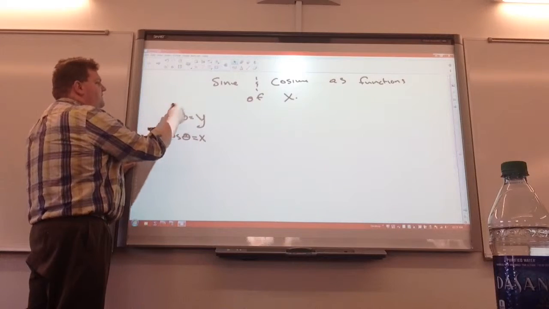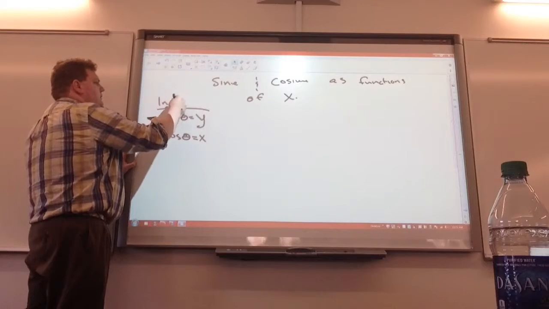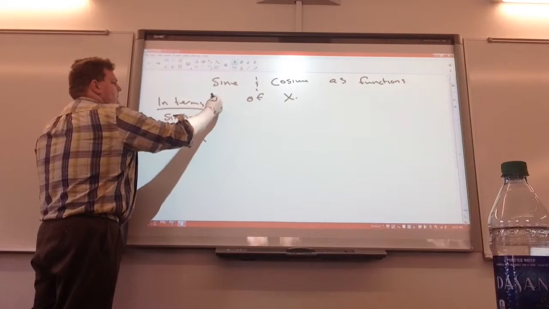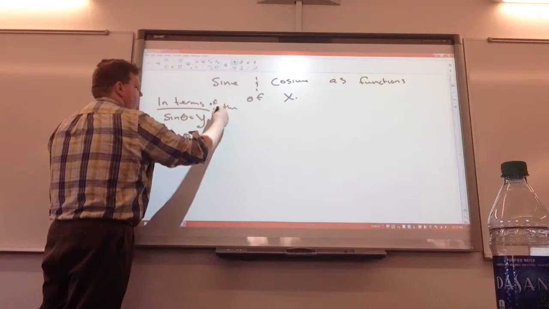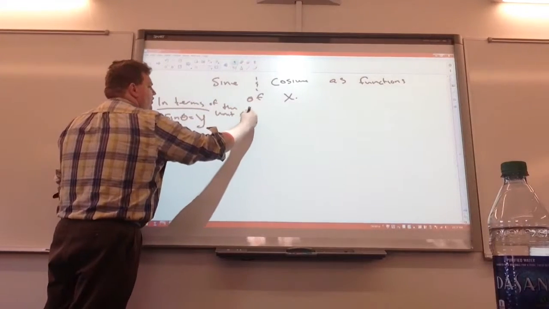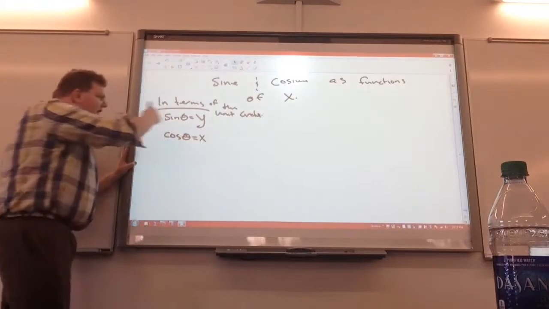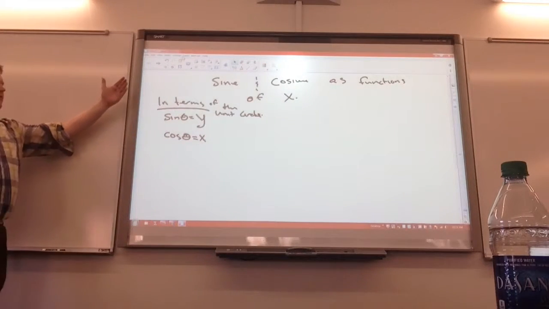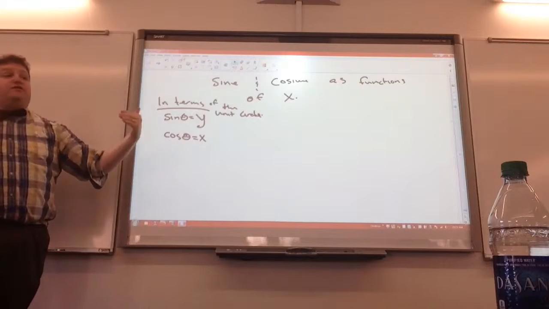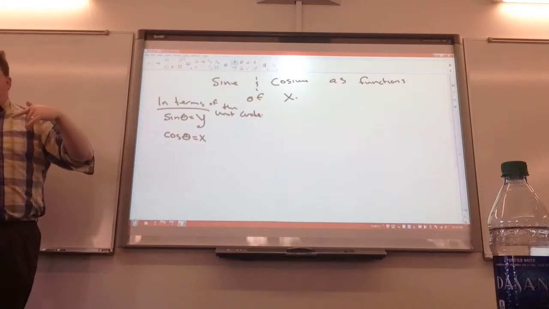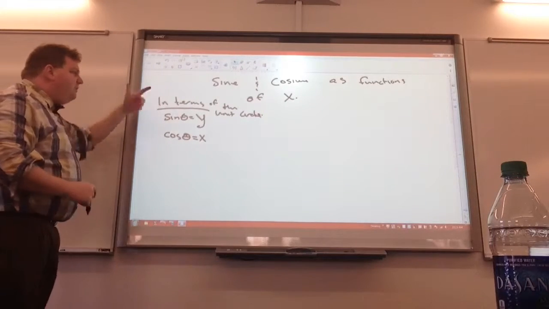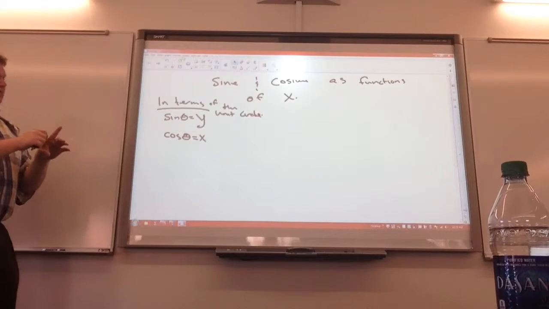So this is in terms of the unit circle. If I'm evaluating the sine or the cosine from the unit circle, I simply look to see what the y-coordinate is and what the x-coordinate is. That helps us speed things up a bit.